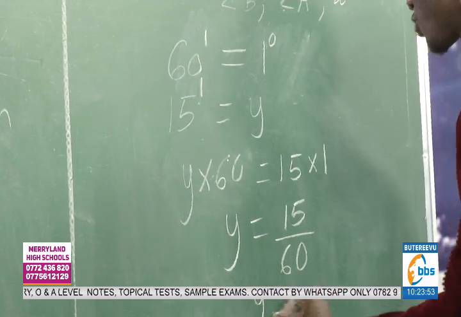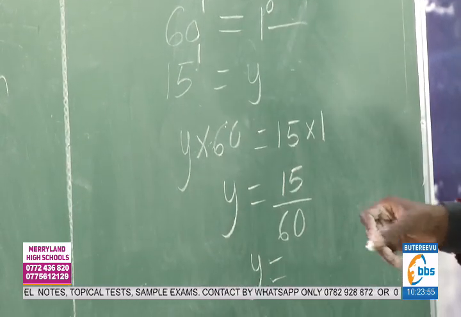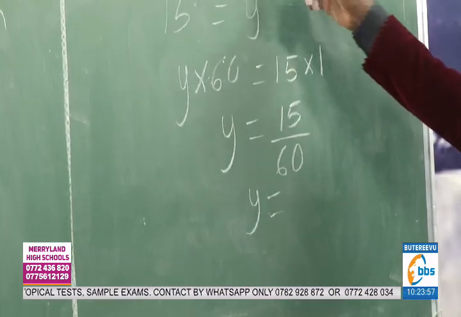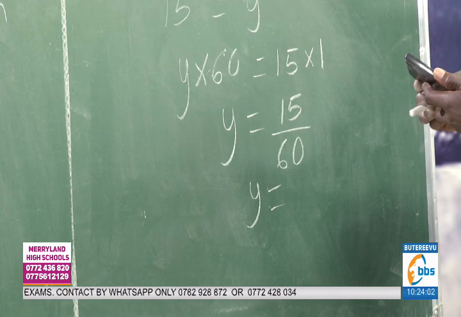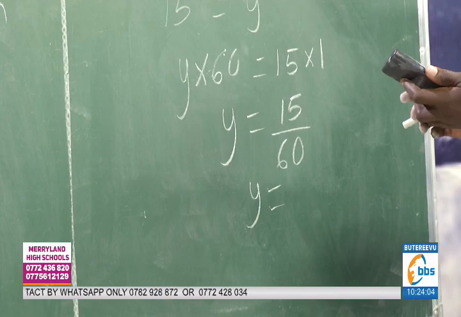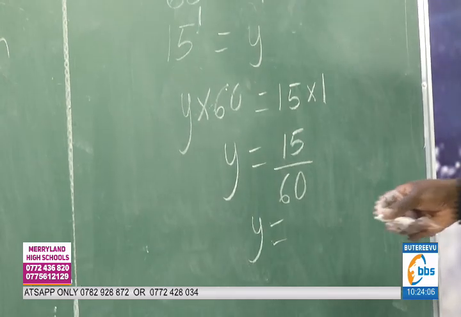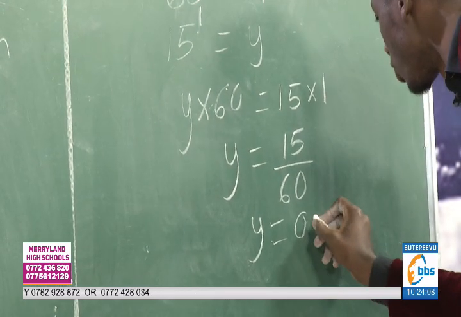What you need to know is only this, that 60 minutes are equivalent to 1 degree. Then you can do everything else. 15 divided by 60 gives 0.25, so y is 0.25 degrees.